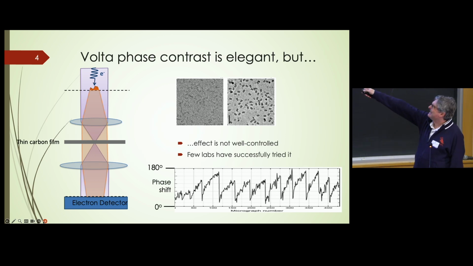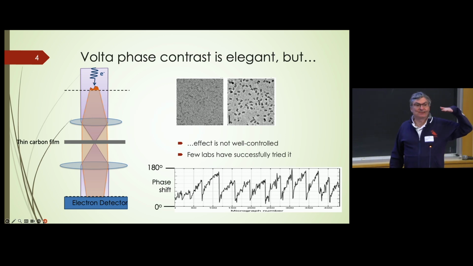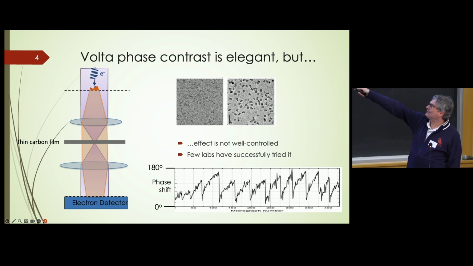In the Volta phase plate, this is done by inserting a carbon film in the back focal plane, and when the electron beam hits the carbon film, it locally modifies its properties so as to generate the phase shift. But the problem is that the effect isn't well calibrated. So as you start, the phase shift builds up and then eventually exceeds the 90 degrees that you want.